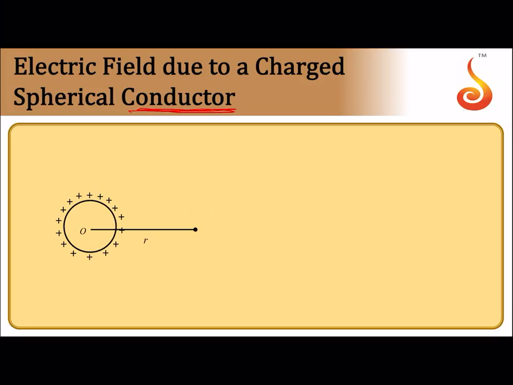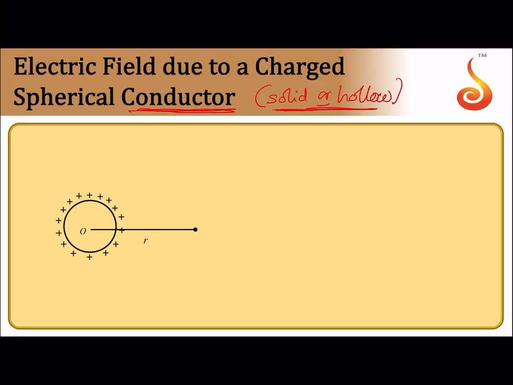Yes. Which means that whether this conductor is solid or hollow makes no difference. So whether we are considering solid conductor or hollow conductor, the end result is going to be the same. So let us try to do this.